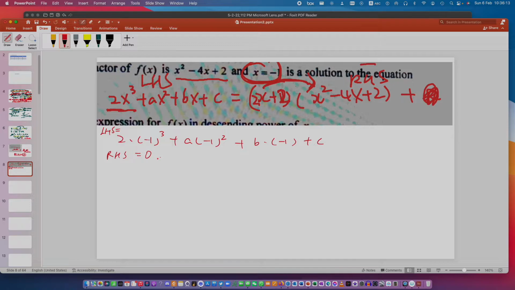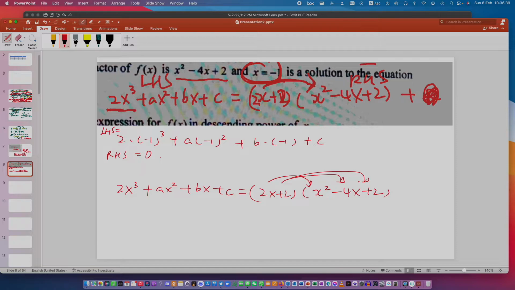Then what about if you don't sub in? Can you do it without subbing in? Yeah, that way you can compare. If you don't sub in, then the remainder will still be 0.